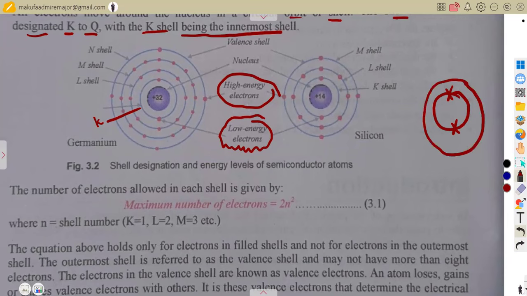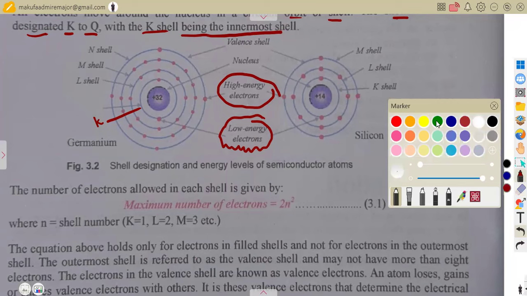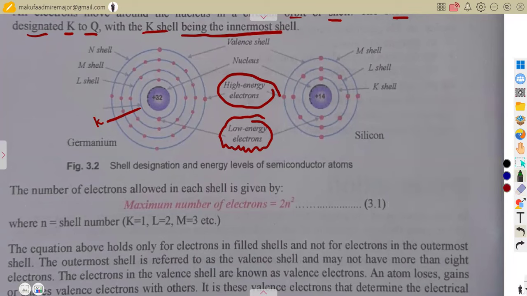So how are we going to know the number of electrons that we are supposed to obtain in each shell? This is where we are given the formula to determine the maximum number of electrons in a certain shell. We are going to use the formula 2n squared, where n is the shell number.